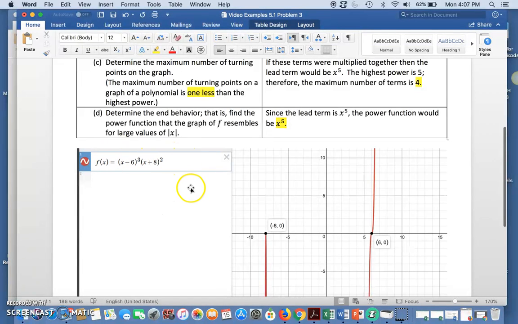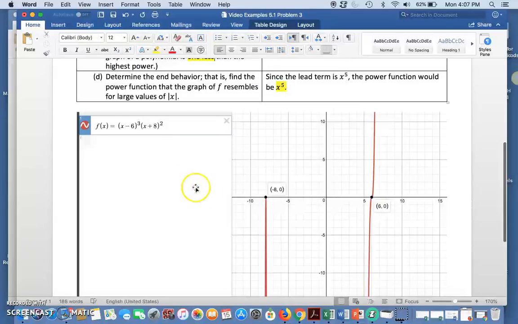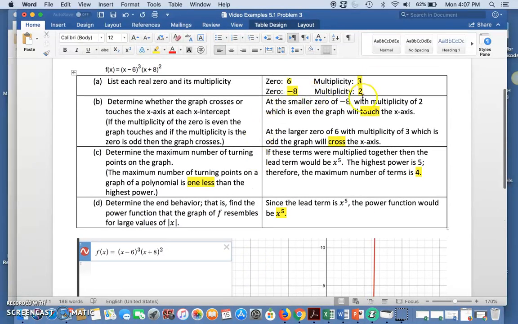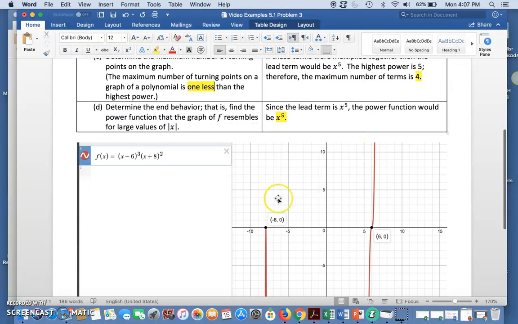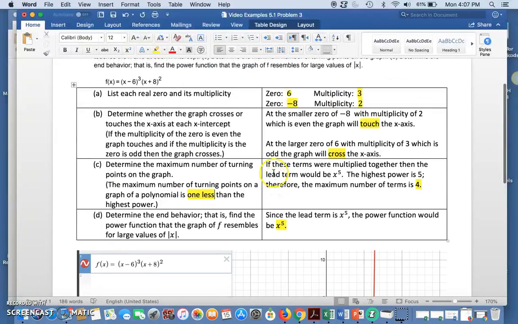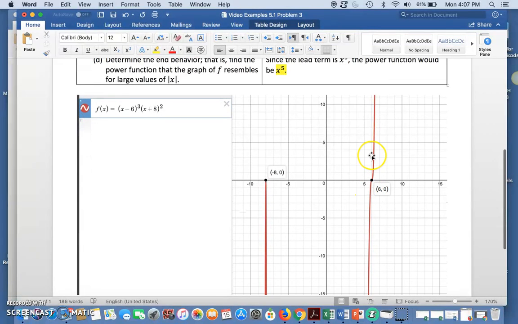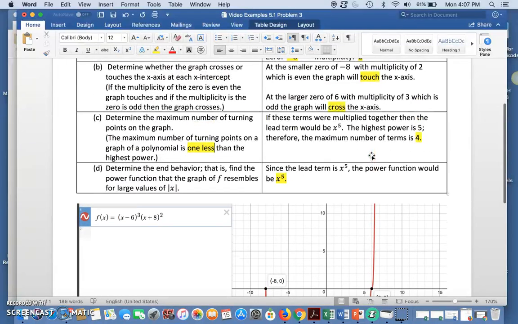Notice what's here. I put in the original function. At negative 8, it had multiplicity of 2, we said touch, and that touches. At 6, multiplicity of 3, which is odd, we said cross. It crosses right there. So that is problem number 3.